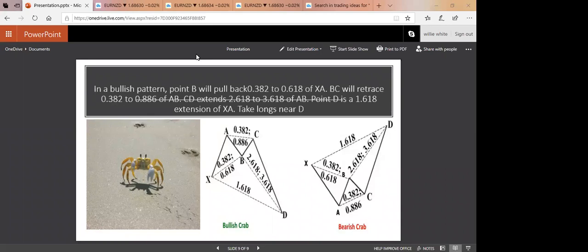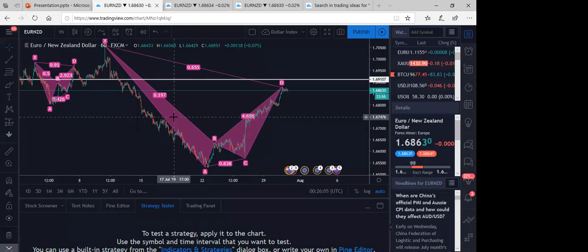All right, I'm showing y'all this, but I really wanted to do a blank screen and show y'all how to do these patterns, but I'll go back. But let me add this strategy. Ichimoku cloud, all right?